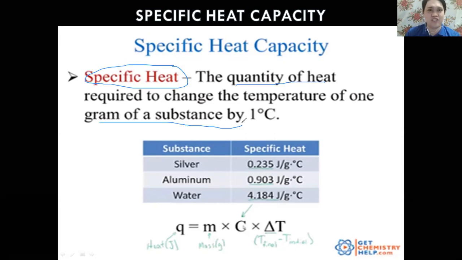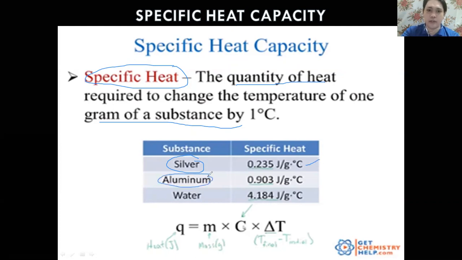I mentioned also last time that every substance has its own specific heat capacity. So I want you to remember some of those. I've shown here on the screen some substances and their specific heat capacities. For silver, we have 0.235 joule per gram times degree Celsius.